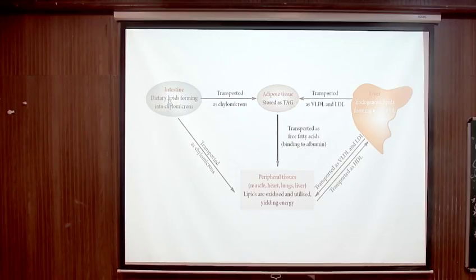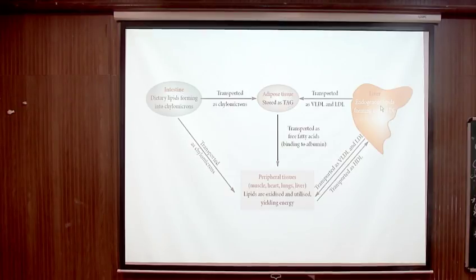From the intestine, whatever dietary lipids we take are converted to chylomicrons and transported to the peripheral tissues for oxidation, which basically means for energy. Whatever is in excess is stored in the adipose tissue as triacylglycerol.